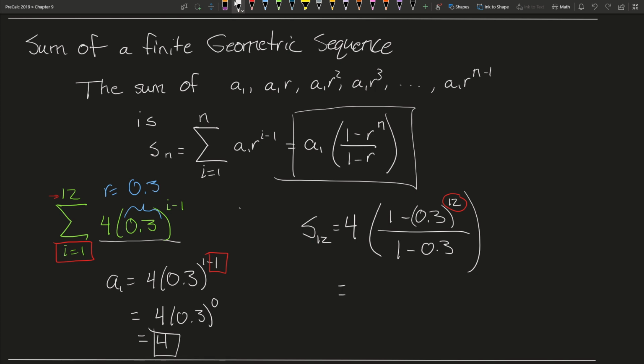And when we plug all of this into a calculator, you get 5.7.